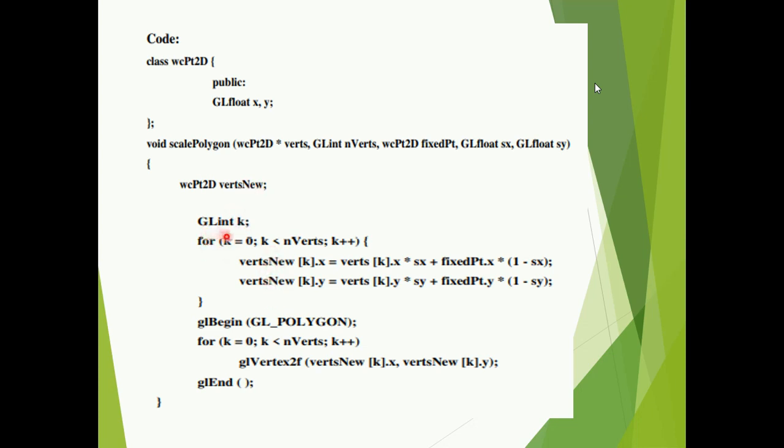Then we have GLint k, for k is equal to 0, k less than number of vertices, k plus plus.